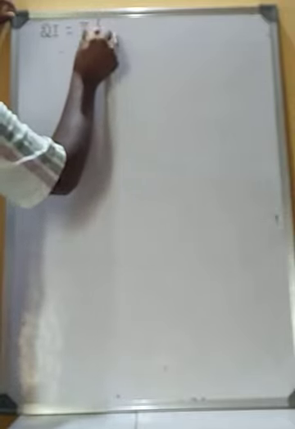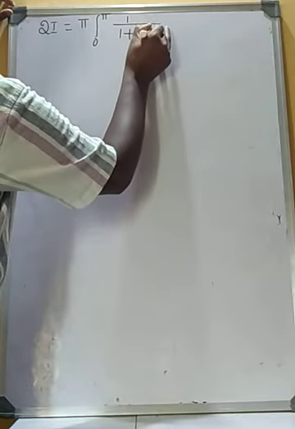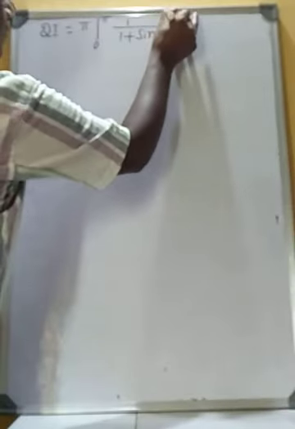So I plus I is 2I equals, taking the constant pi outside, pi into integral 0 to pi 1 divided by 1 plus sin x into dx.